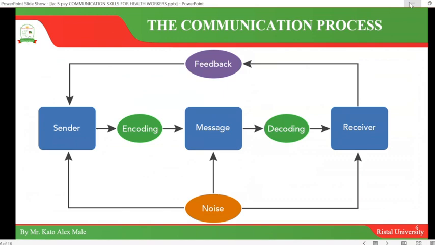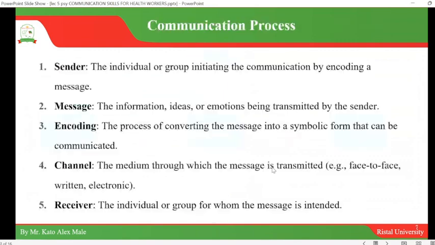So, the sender is the individual or group initiating the communication process. And how do they do it? By encoding the message. The message is the information, ideas, or emotions being transmitted by the sender. The message is not just the information, but even the emotions and your facial expressions.